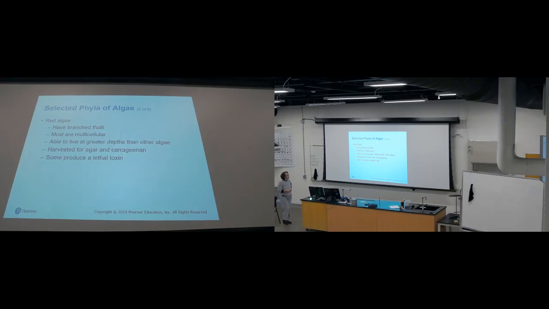Red algae has branched thalli. Mostly is multicellular, and it has the ability to live very deep in the ocean or in lakes, and is harvested for agar as well, and also to obtain a pigment that is called carrageenan. And some produce little toxins.